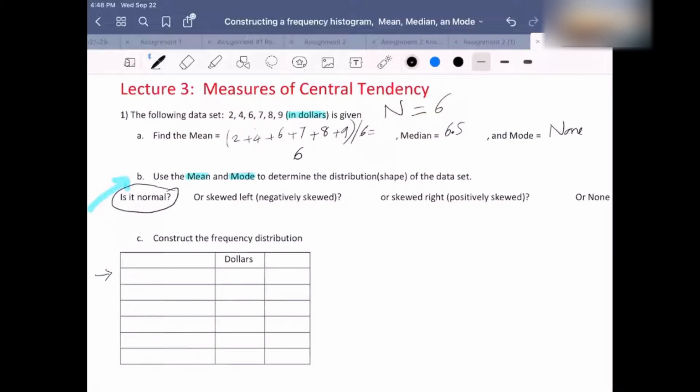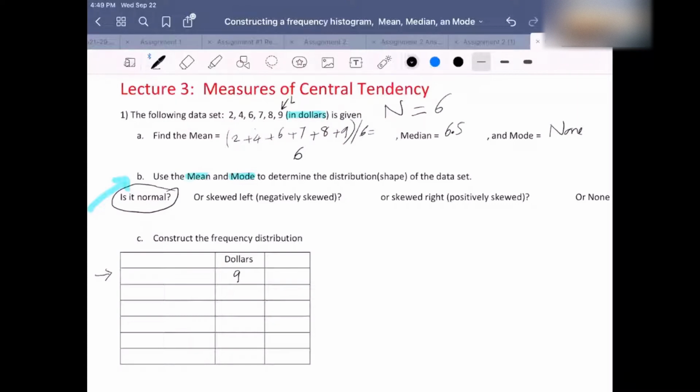So what is the first number? Yes, the first one is number 9, okay? For some books, it starts from the smallest to largest, but for this book, we should follow it. So they always start from the largest to smallest. So this is the largest number, right? Number 9.